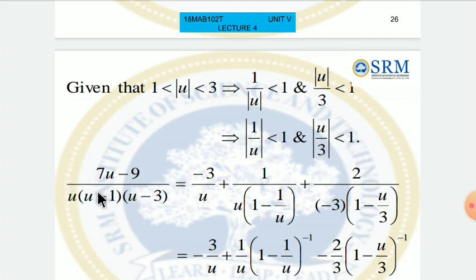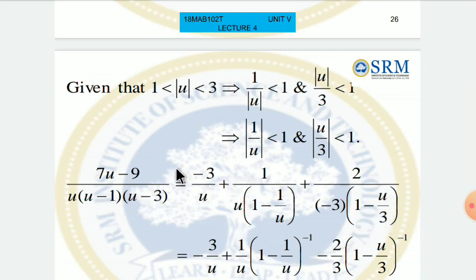Now this is my given function in terms of u. Here we have only two regions of convergence, 1 by u and u by 3. So let us rearrange. The first term I don't touch, because it is minus 3 by u only, so it remains the same. In the middle term, I can take u outside so that I can generate 1 by u. In the last term, I can take 3 outside so that I can get the u by 3 term.